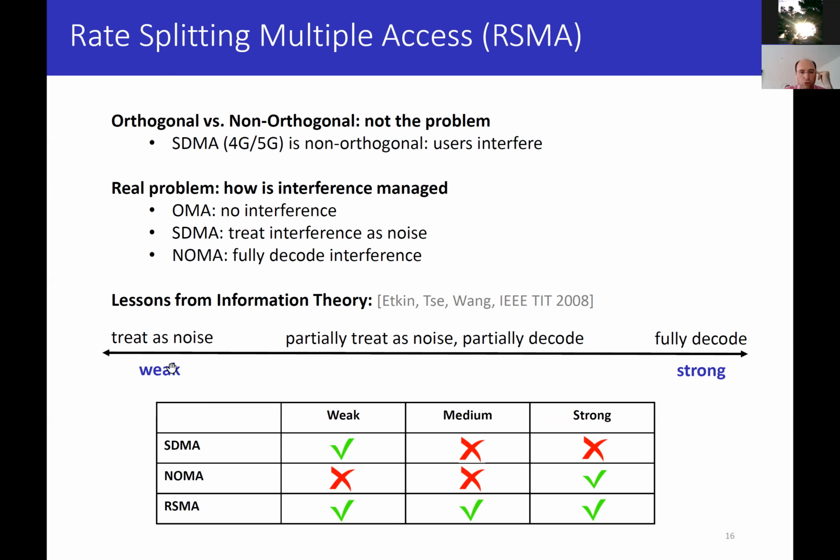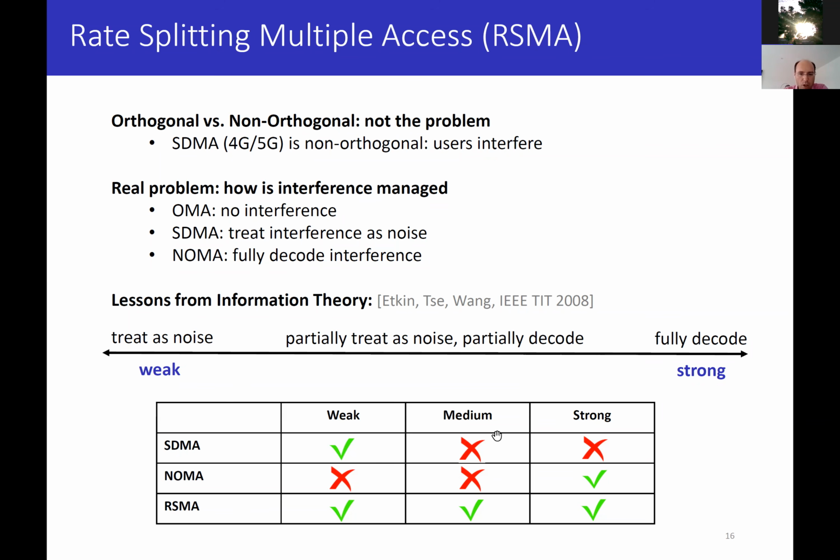So what you need to do in order to bridge those two extremes is to partially treat interference as noise and partially decode it. We can use this to qualitatively compare SDMA, NOMA and RSMA. SDMA treats any residual interference as noise. That means it should work well whenever the interference is relatively weak compared to the noise, and will not work so well if the interference becomes more significant.